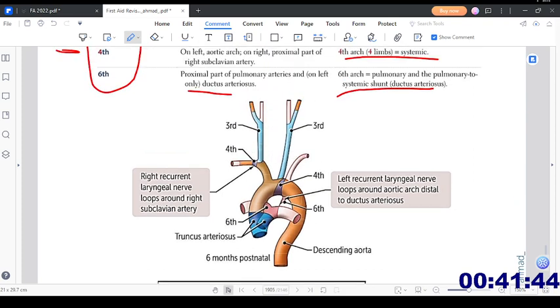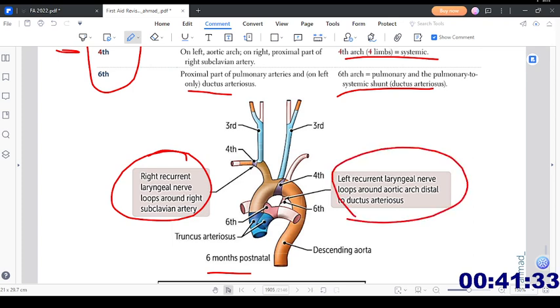The right recurrent laryngeal nerve loops around the right subclavian artery, while the left recurrent laryngeal nerve loops around the aortic arch distal to the ductus arteriosus. Here you can see the common carotid arteries coming from the third aortic arch.